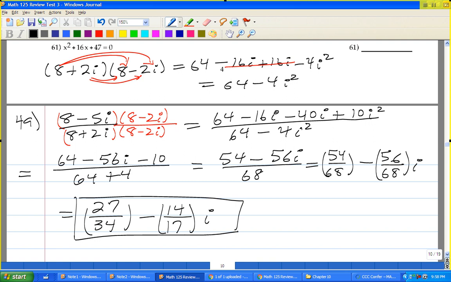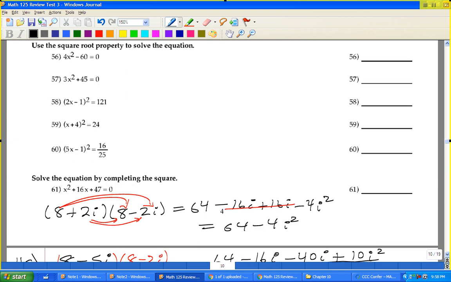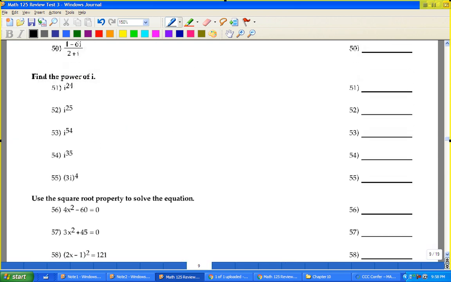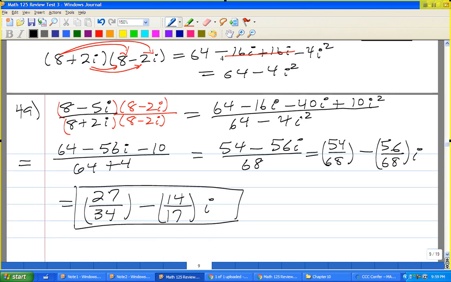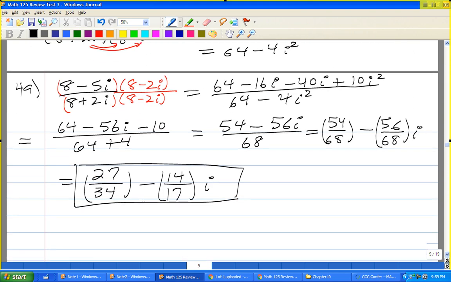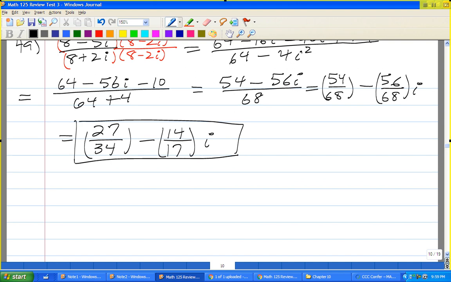Let me do problem number 50. Yeah, still not enough room. Okay, so I have 1 minus 6i over 2 plus i.